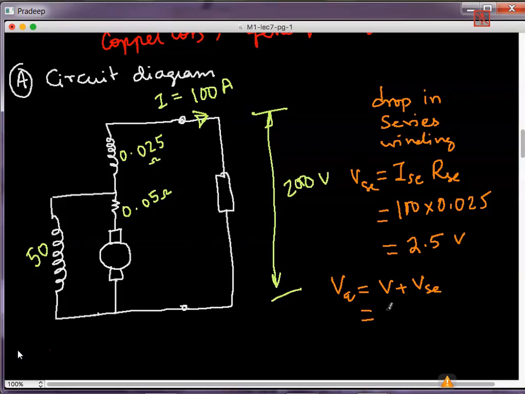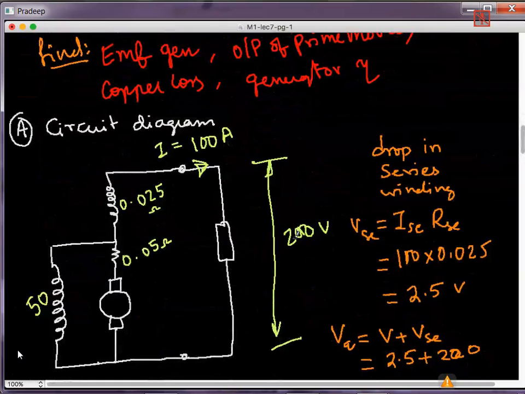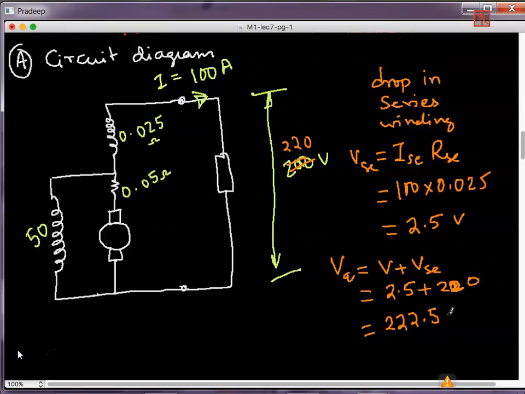So that is nothing but 2.5 plus 220 volts. I'm sorry, this is 220 volts. So here I can give 220 plus 2.5 volts. This is the voltage of this point, 222.5 volts.